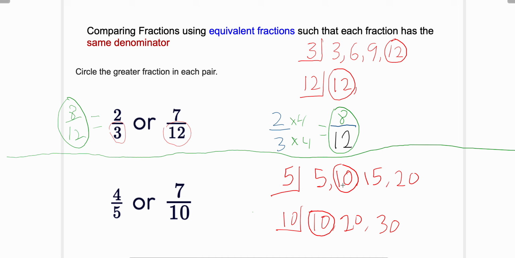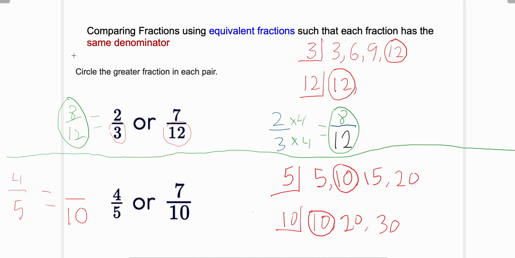Okay, so 10 is your desired denominator, and I've noticed that this is already 7/10. So all I really have to change is 4/5, and I want this to be 10. So 4 out of 5, my desired denominator is going to be 10.